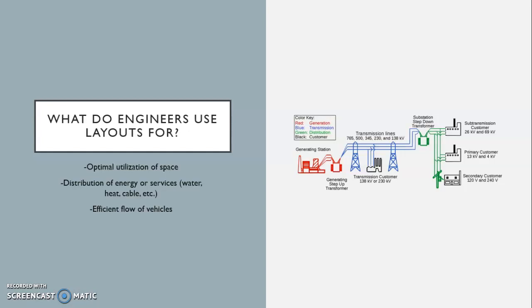What do engineers use layouts for? Engineers use them for optimal utilization of space, for distribution of energy or services like water, heat, air conditioning, cable, electricity, other things like that, and also for the efficient flow of vehicles, as in the intersection example.